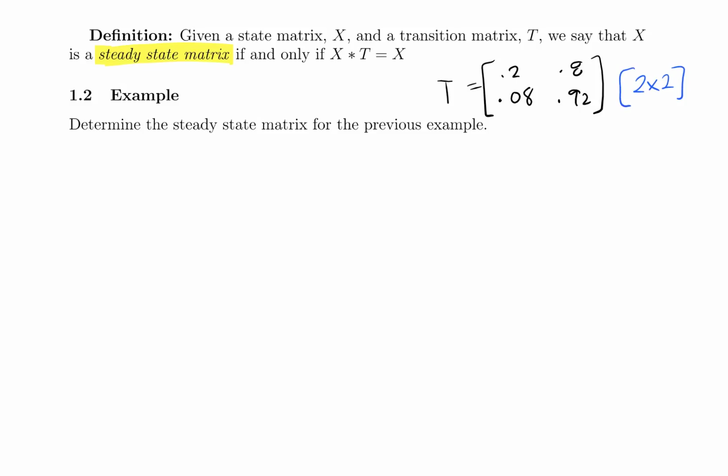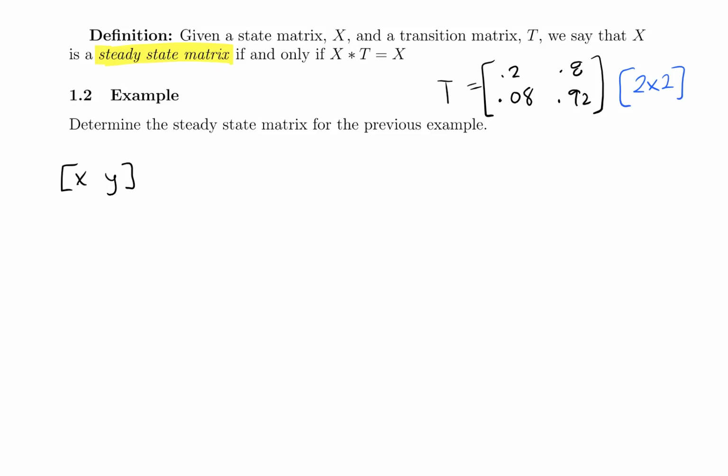That tells us we have two different states, so the state matrix must have two entries. We don't know what those entries are, so we're going to call them x and y. Here's our state matrix. We have no idea what it is, but it has to have two entries and they're both unknown.